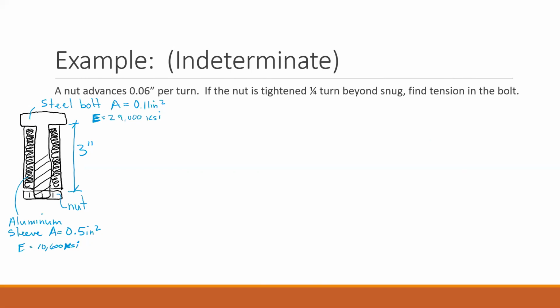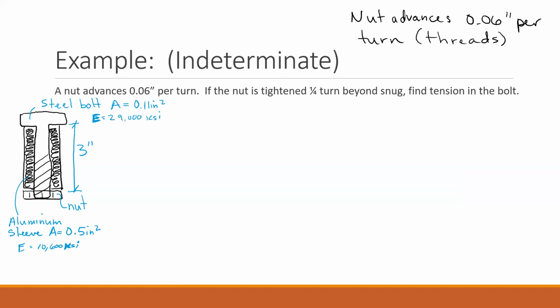So some information that you need to know is that the nut advances 0.06 inches per turn. So that's based on the threads. Each time I turn it 360 degrees, the nut moves relative to the bolt 0.06 inches.